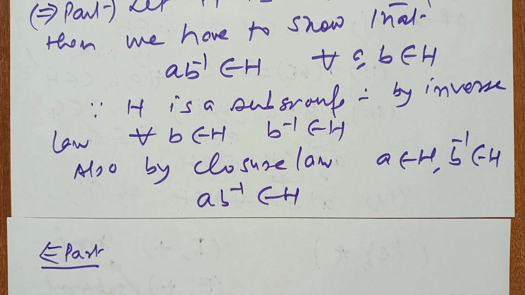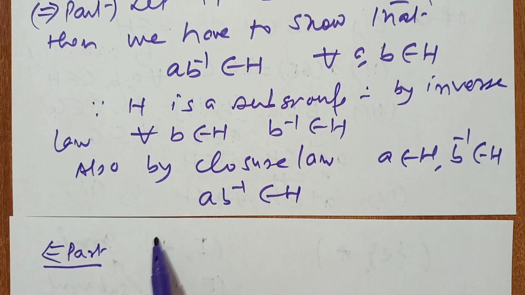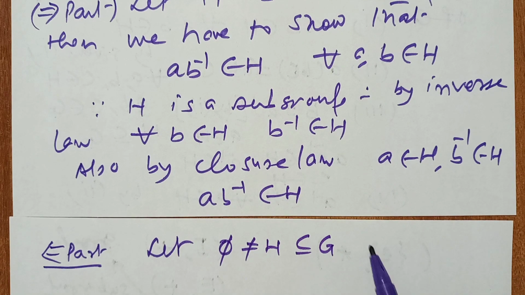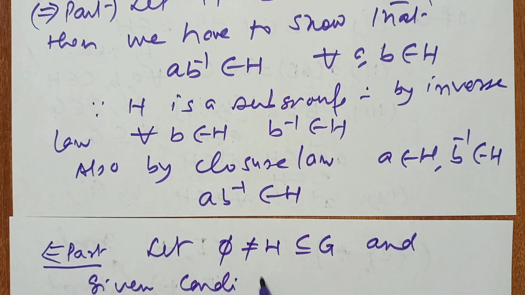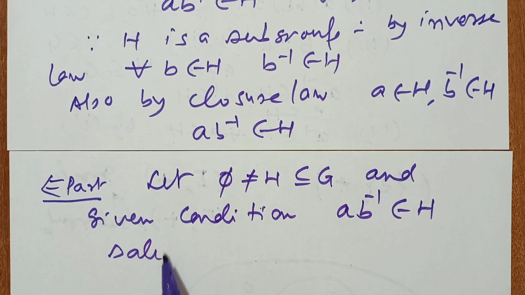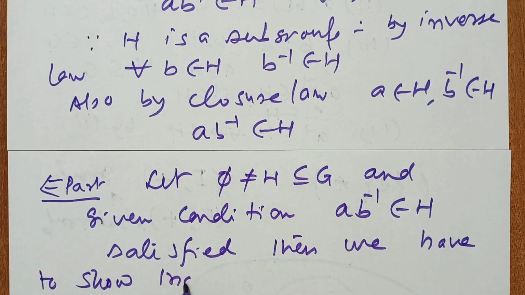So what is the converse part? Here you see we are given only one condition. So let H be a non-empty subset of G, and the given condition, AB inverse belongs to H, is satisfied. Then we have to show that H is a subgroup.